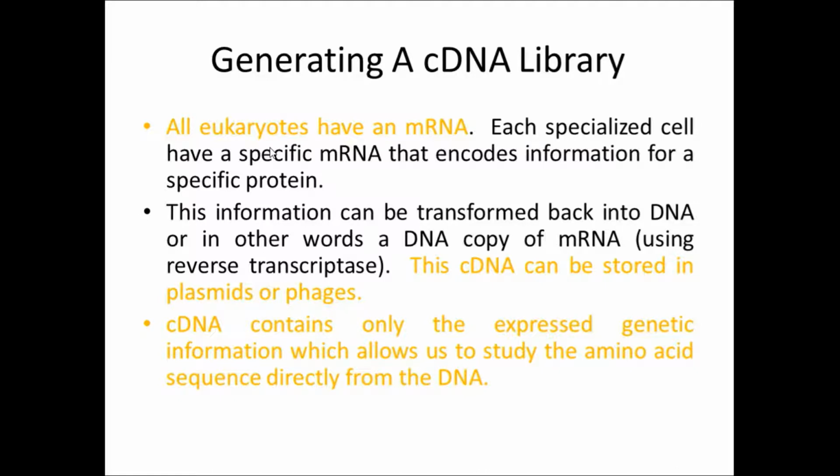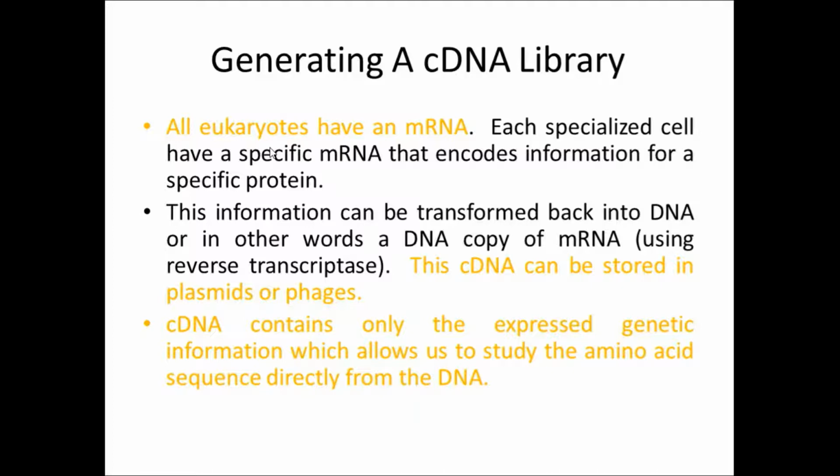So this is a crude method for construction of a genomic library, but the cDNA library is an advanced method compared with the genomic DNA library. Okay. Now, how to construct the cDNA library?